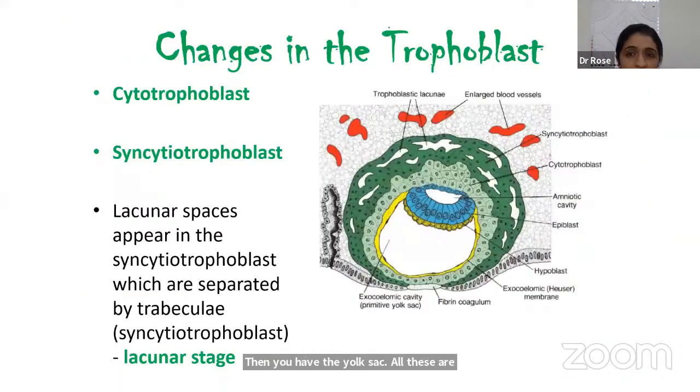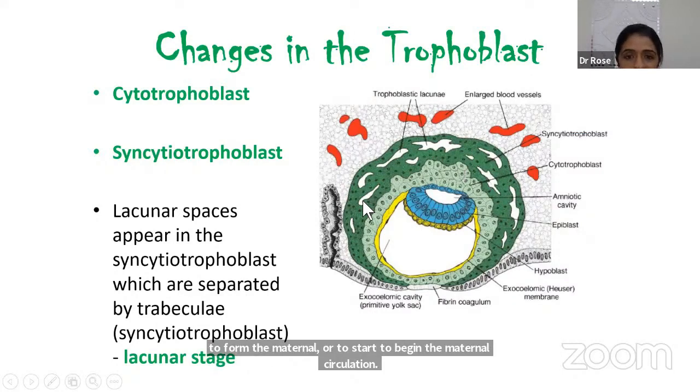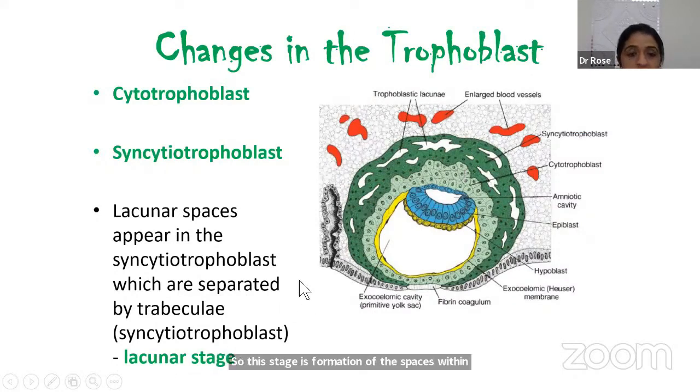Now changes are happening in the trophoblast. We know there are mainly two layers, the cytotrophoblast and the syncytial trophoblast. Many spaces develop in the syncytial trophoblast, which are filled with maternal blood to begin the maternal circulation. This stage, the formation of spaces within the syncytial trophoblast, is known as the lacunar stage, and it happens in the second week.